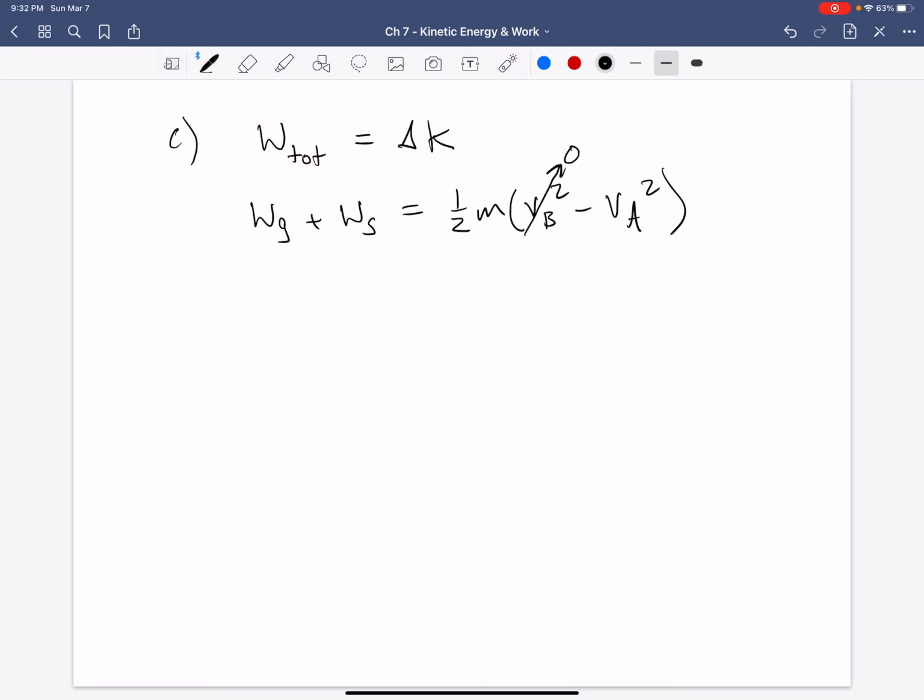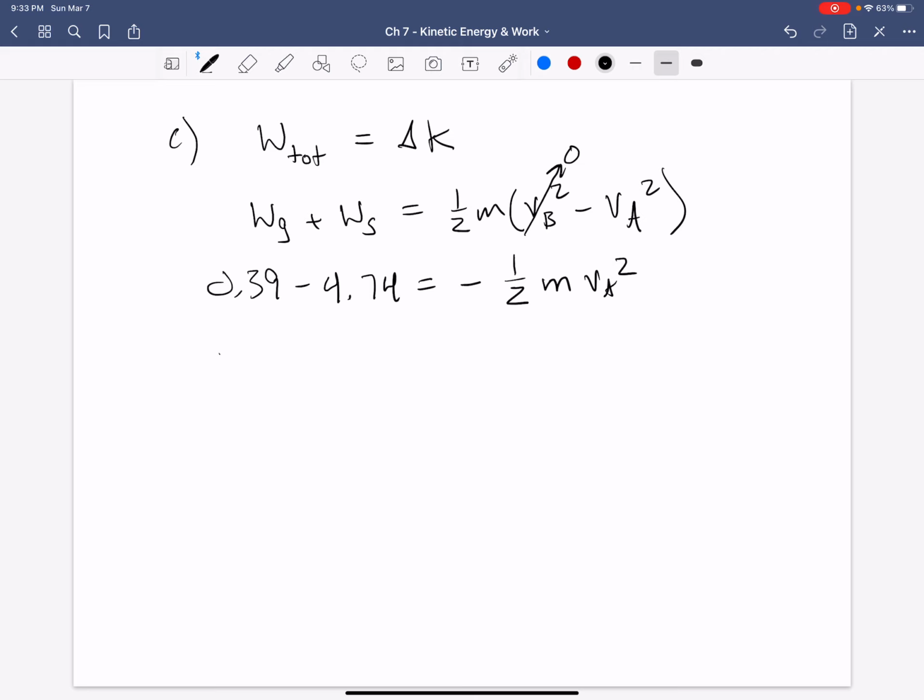So let's see. We have work gravity was 0.39, plus the work from the spring. We actually have a leading negative here. Let's hope the left side is negative. It looks like it will be. What value is that? Negative 4.35?